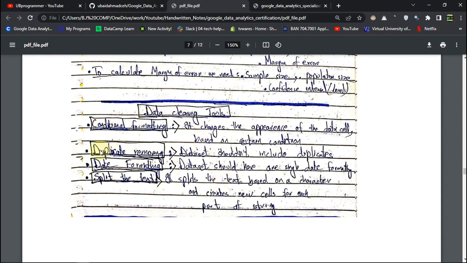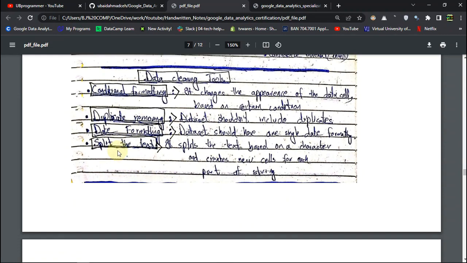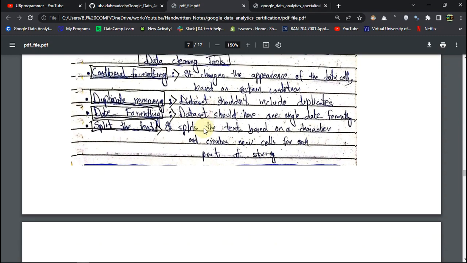And this conditional formatting, how you remove the duplicates in the data. Then the formatting of date time objects, and how you split the string or the text format. So these are really the key concepts of data cleaning.